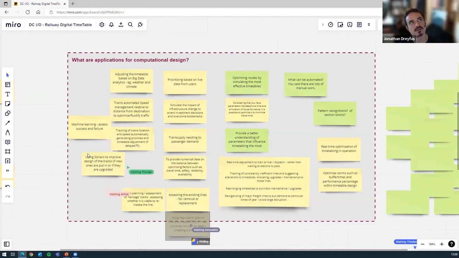I wondered if there wouldn't be a way to use some kind of solvers to understand where the train is, how far it is from the destination, how many trains are on the tracks at the same time, and how to prioritize the trains so it goes as smoothly as possible.